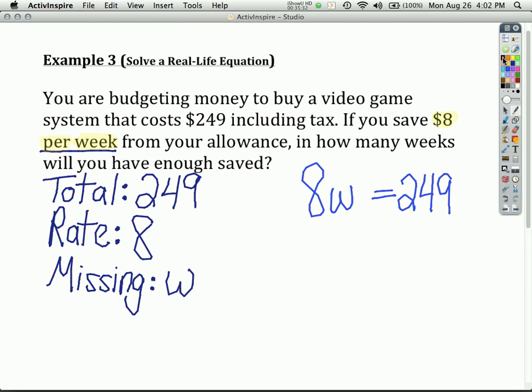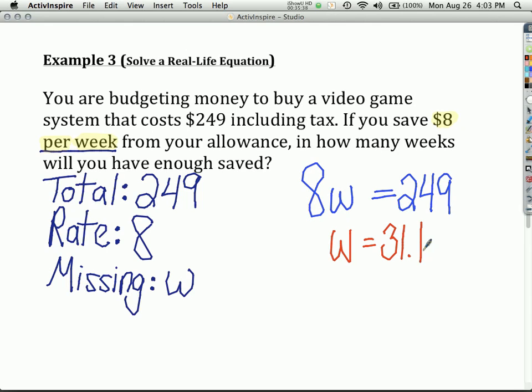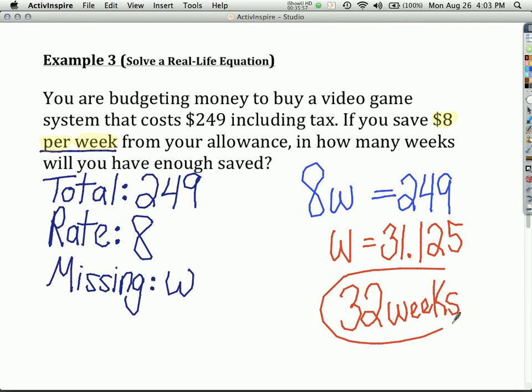When you solve this, W comes out to 31.125. If you only save for 31 weeks, you won't have enough money. So you can't save for a part of a week, so she was absolutely correct. You must save for the 32 weeks to actually end up with enough money. Very good explanation and excellent work.